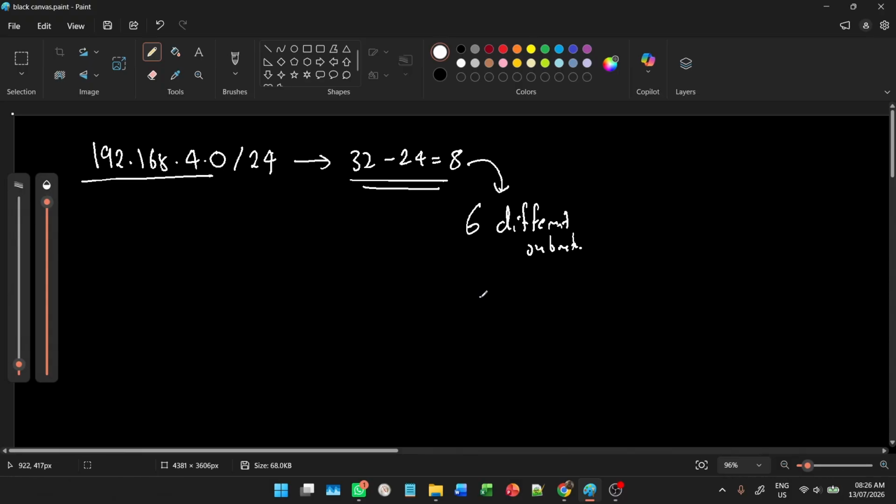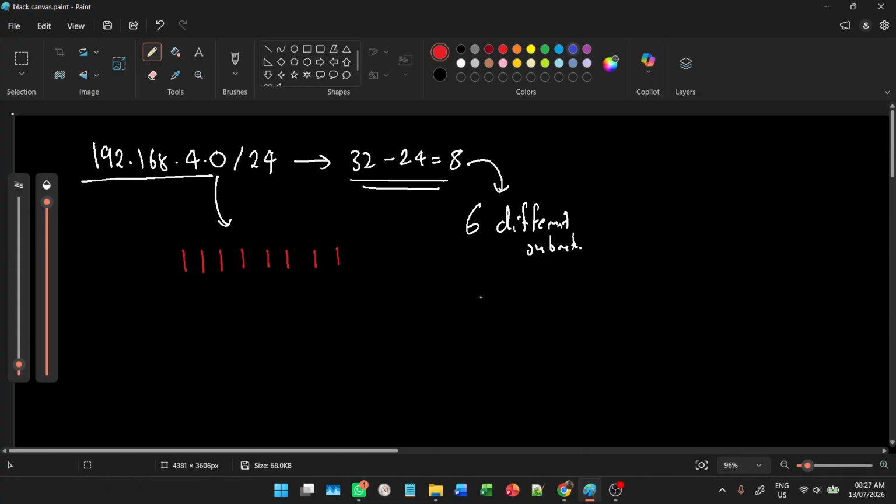So what does that mean? First of all, let's look at what that means. Since we know that all of these bits are not changeable, that means only the last 8 bits are changeable, right? That means 1, 2, 3, 4, 5, 6, 7, 8.